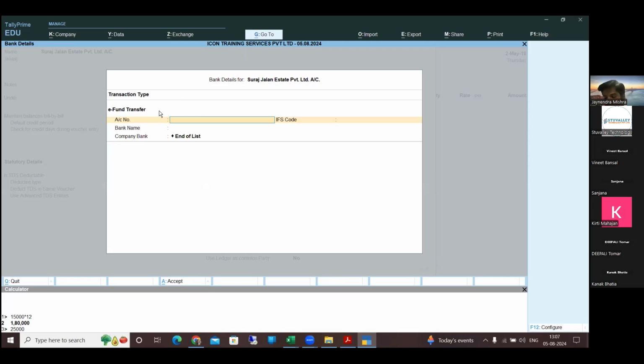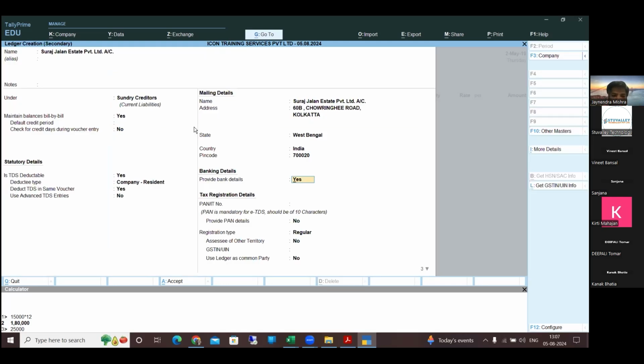For making e-fund transfer, you need the beneficiary, that is, whom we have to make the payment to. You need the beneficiary's account number, IFSC code and bank name. If you want, you can mention the bank detail also. Here we don't have to, so I'm keeping this option as no.